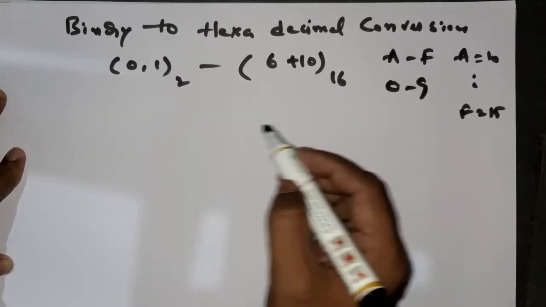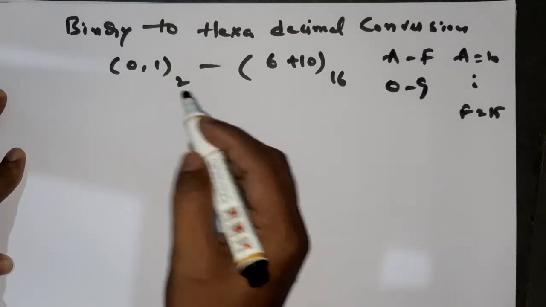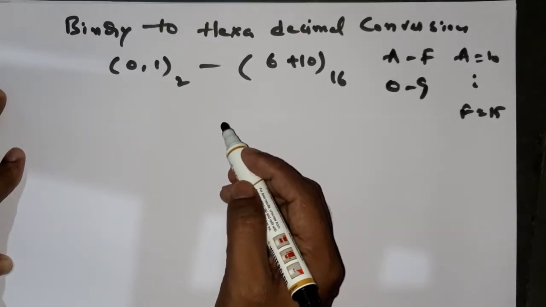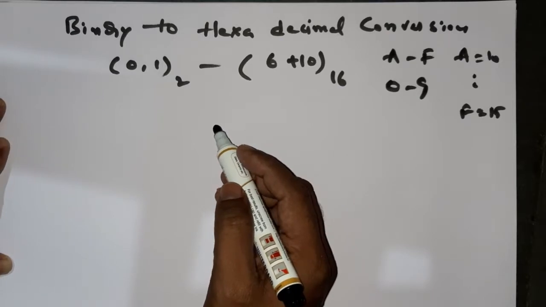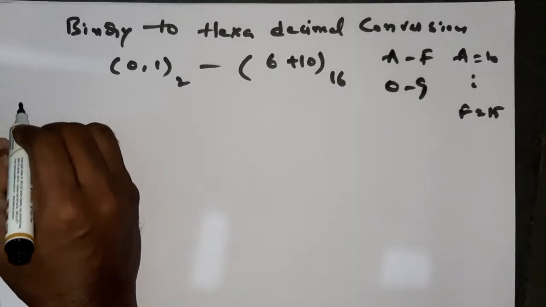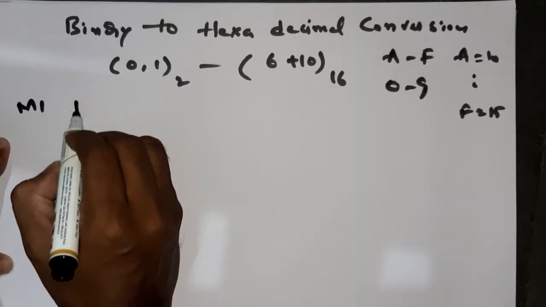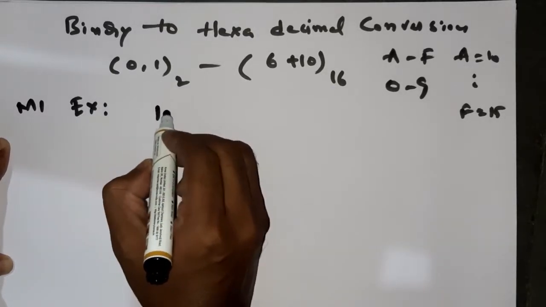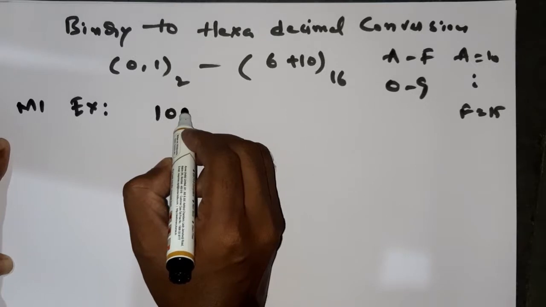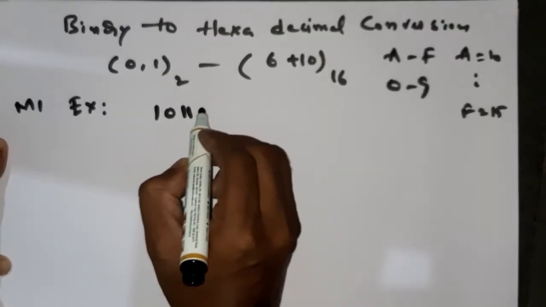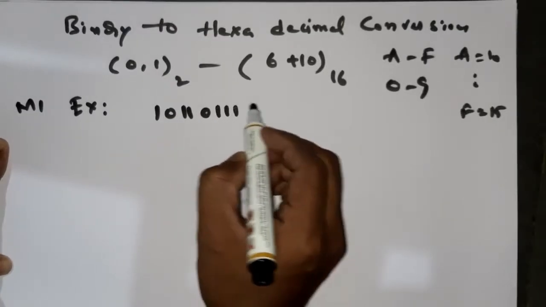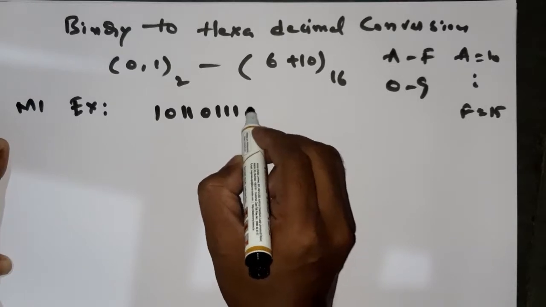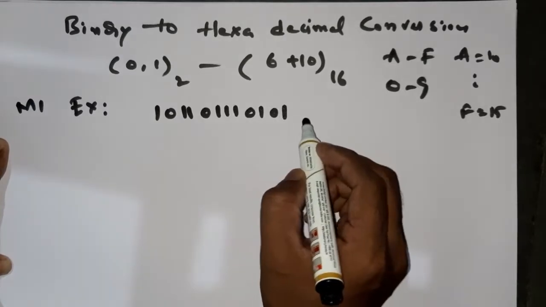Okay, so this conversion from binary to hexadecimal, we have two methods. Let me go with the first method. Method 1. For example, I am taking a value here, that is 1 0 1 1 0 1 0 1 0 1, right?